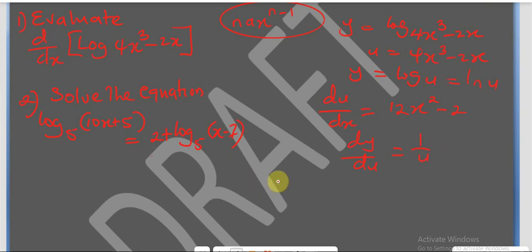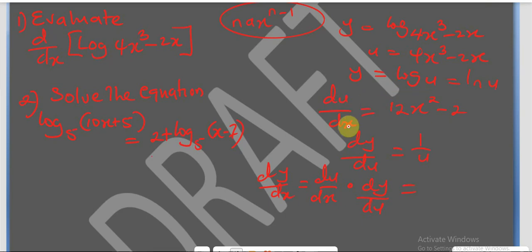Now I'm using the composite rule. Remember that dy over dx is the same thing as du over dx multiplied by dy over du. It's true because du can cancel out du here, and you have dy over dx. So if this is the composite rule, I'm going to multiply.